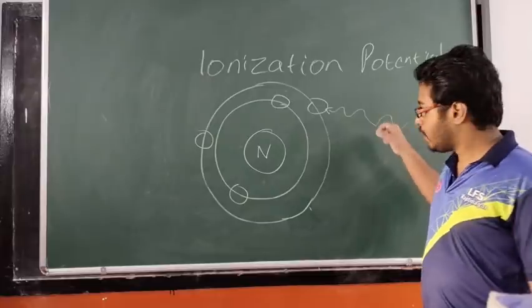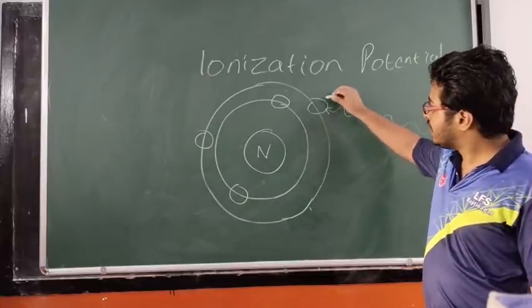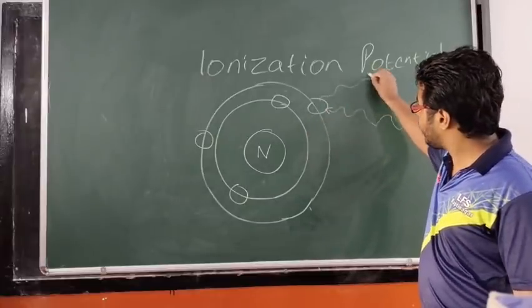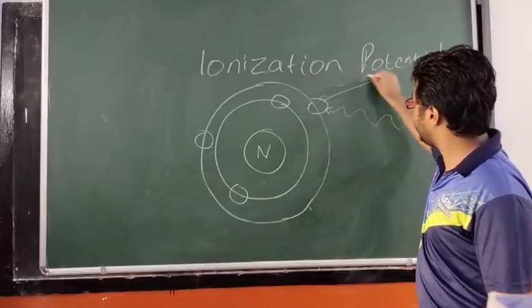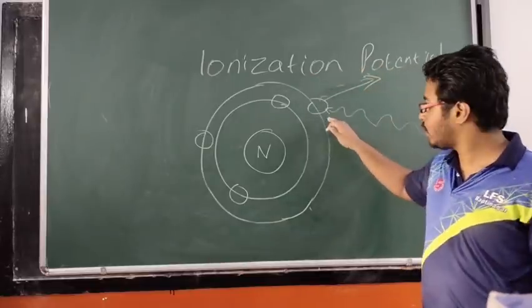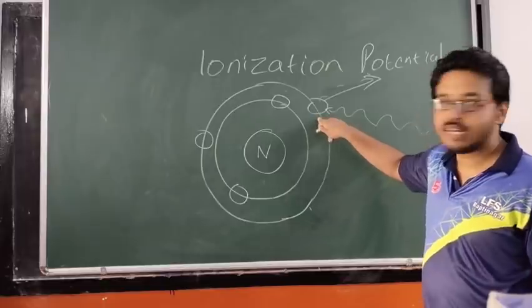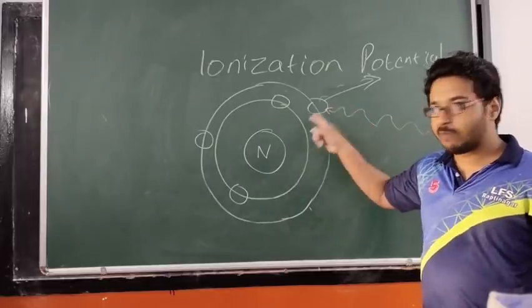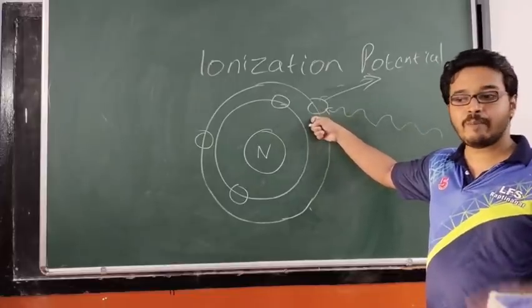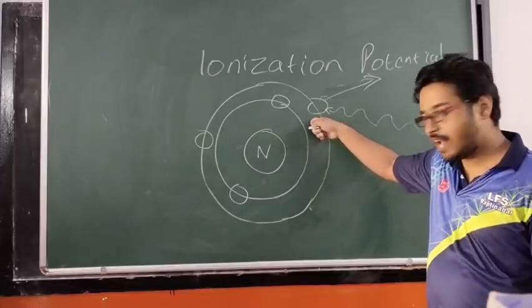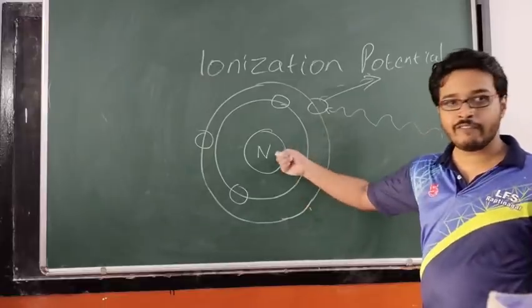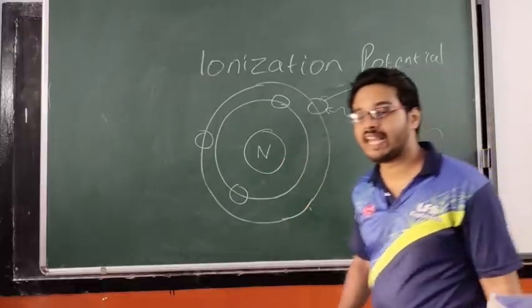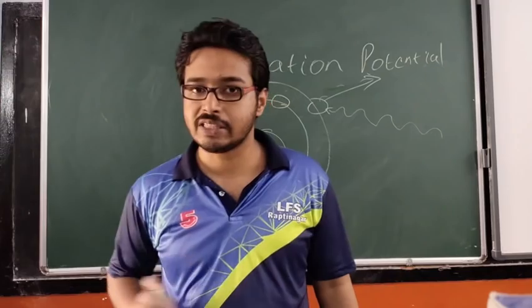If you are giving a particular wavelength of energy, this electron can be removed after giving a particular amount of energy. So the energy that is required to remove this electron, which is the most loosely bound electron in the valence shell of an atom in gaseous state, is called ionization potential.